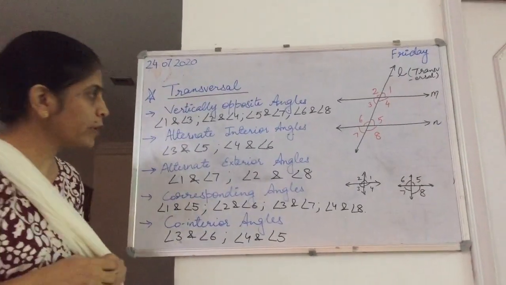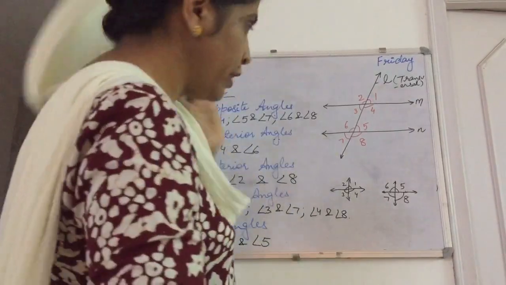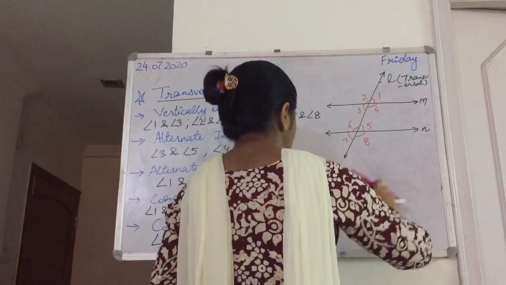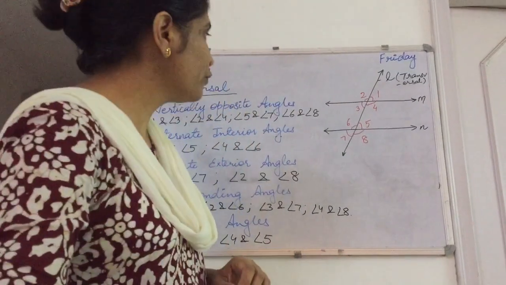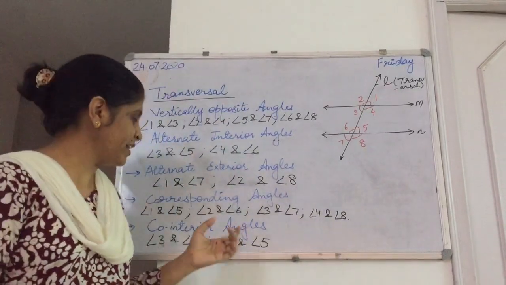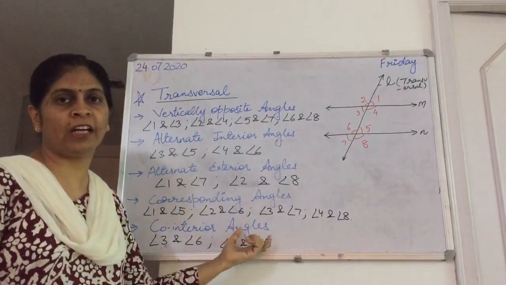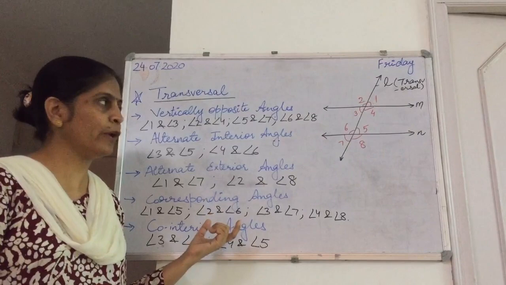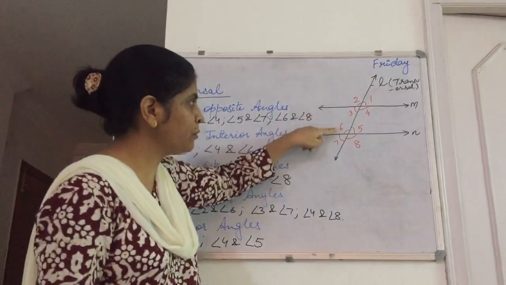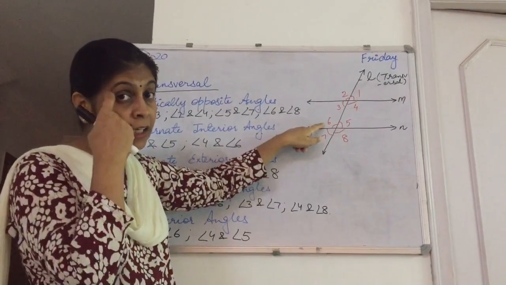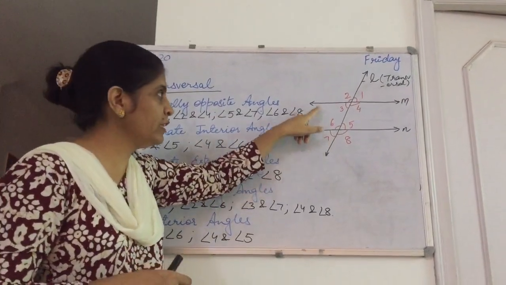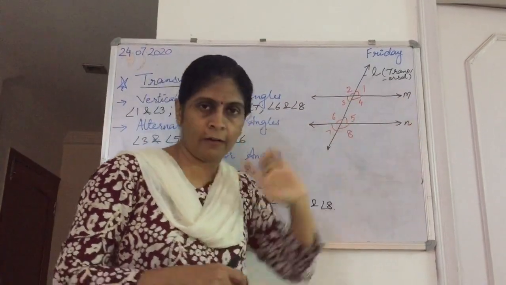Clear? Now students, if the question says prove that these two lines are parallel, in that case the sum of co-interior angles should be 180. Like 3 and 6, when you add up 3 and 6, if the sum is 180, then only these two lines are parallel.